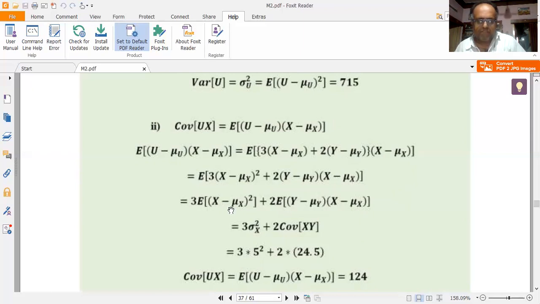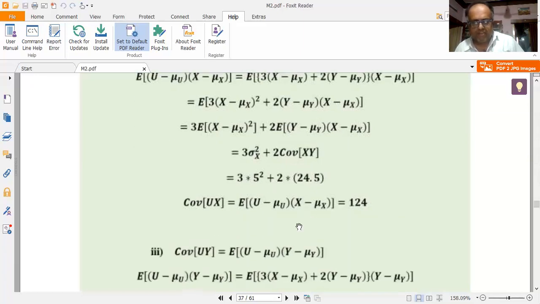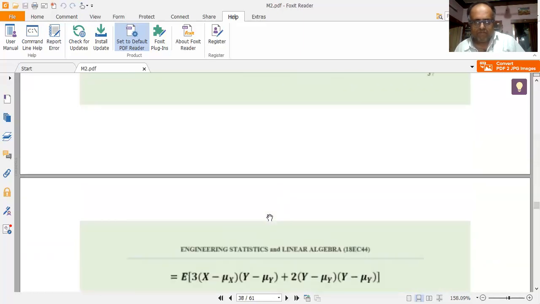Expected value of x minus mu x the whole squared is the variance of x, that is sigma x squared. So I get 3 sigma x squared. 2 into E of y minus mu y into x minus mu x is 2 into covariance of xy. So I have 2 covariance of xy. So I get the covariance of Ux as 3 into 5 squared plus 2 into 24.5, which gives me 124.